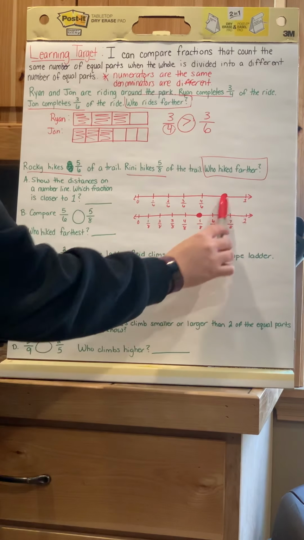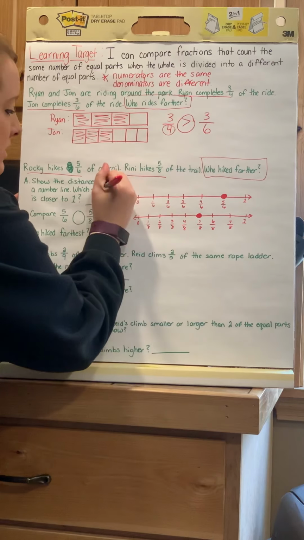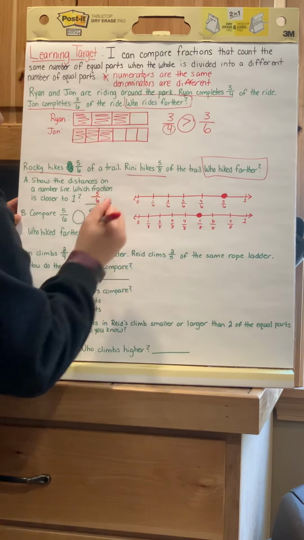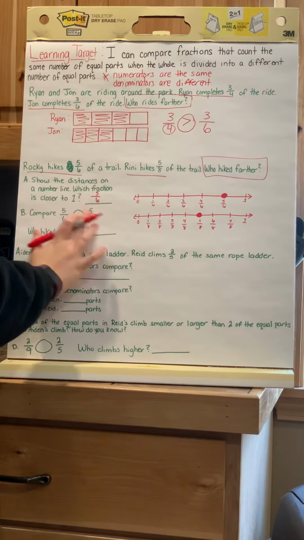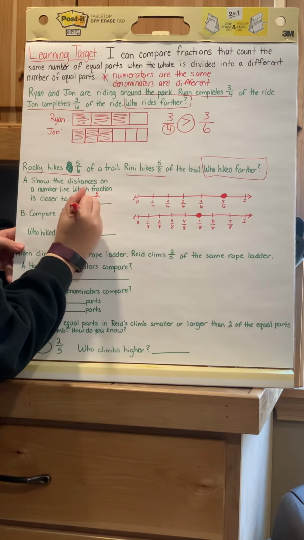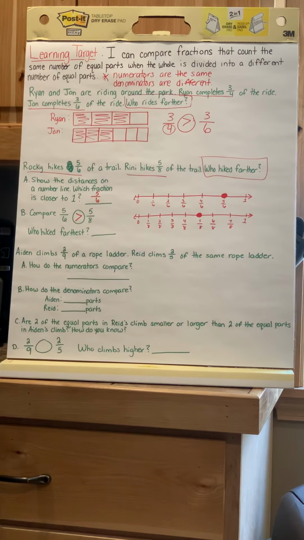We can see right here that Rocky, so 5/6, is closer to 1. So comparing the fractions, which one is greater? Which one is closer to 1? We just said 5/6. So 5/6 is closer to 1 than 5/8. Who hiked farthest? Rocky did.